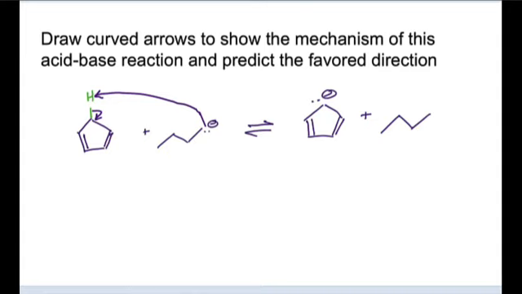As far as which direction is favored, we usually look to the stability of the conjugate bases, right? So I'm going to reason that this is a stable conjugate base compared to the other one because of resonance.